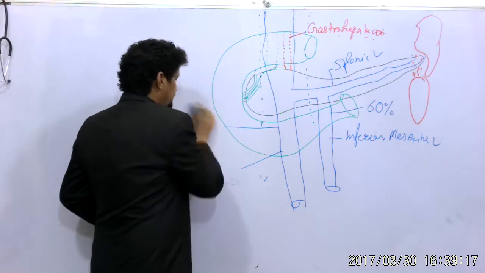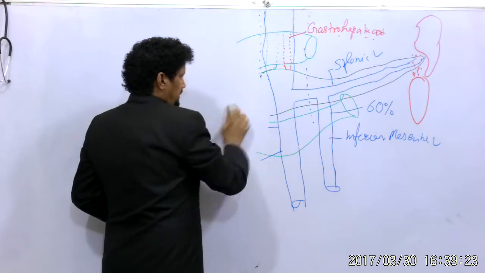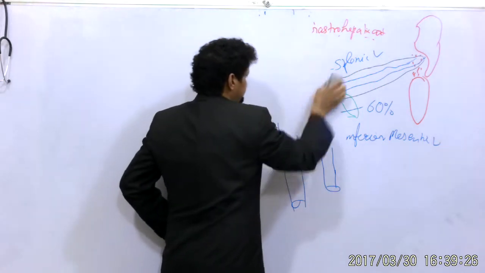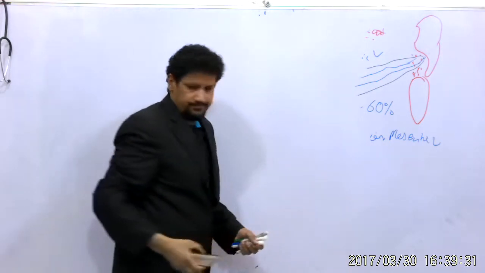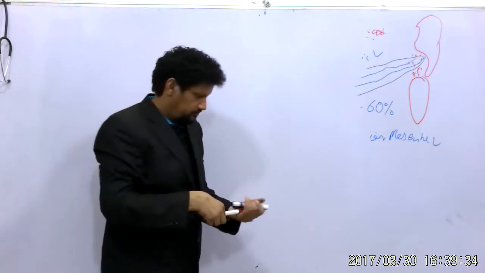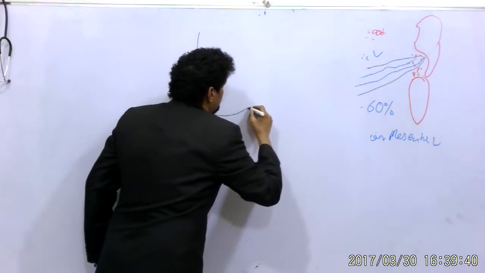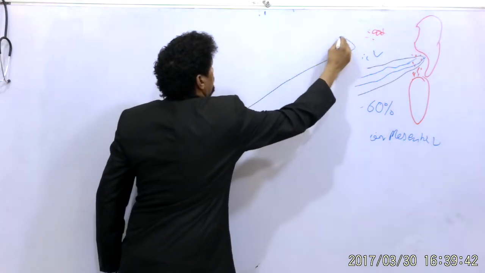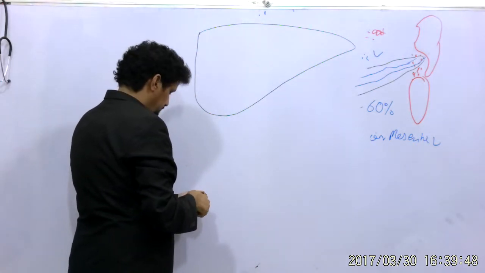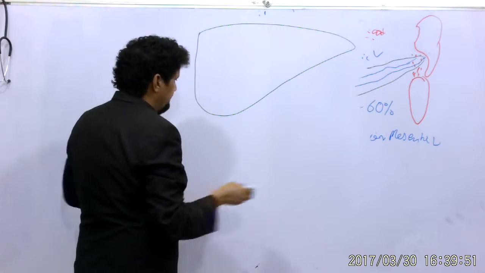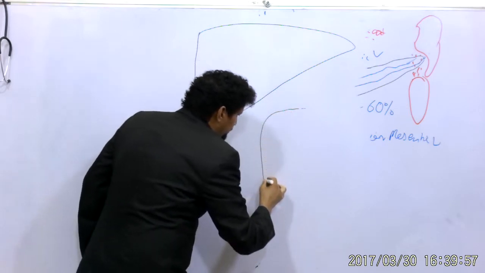The relations in the supraduodenal part are interesting. We can see the liver, and this is the duodenum.